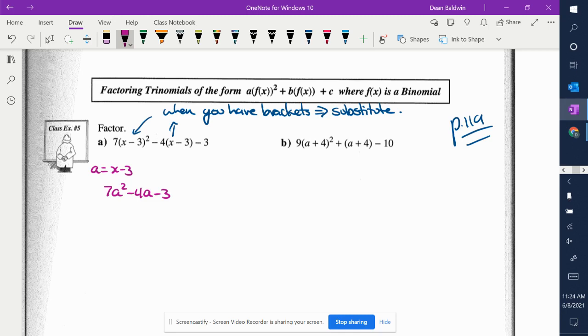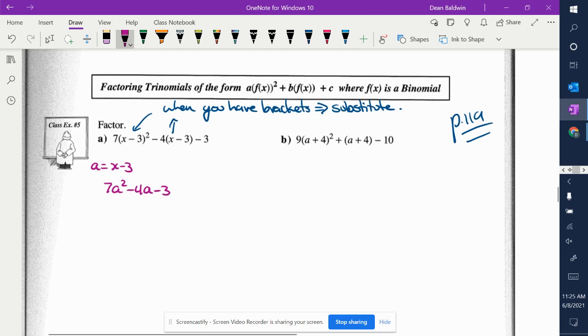Okay? Now I factor this. This is factorable. We have how many terms? 3. Is there a common factor? No. Is the term in front of the a squared a 1? No. So what do I have to do? Split the middle. How do I split the middle? 7 times negative 3. So I get negative 21.